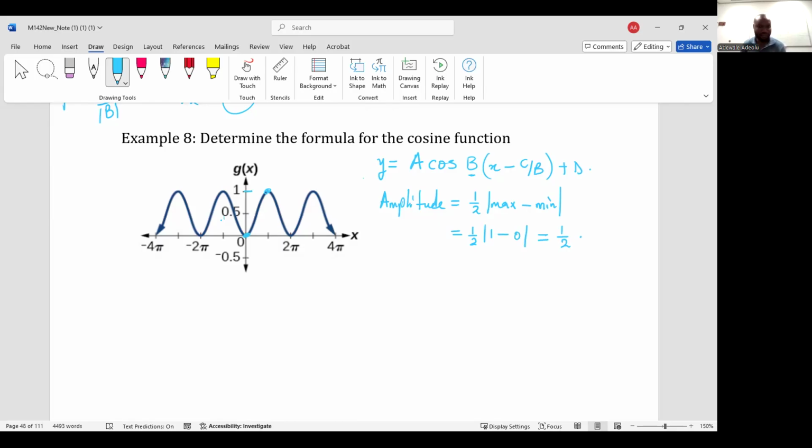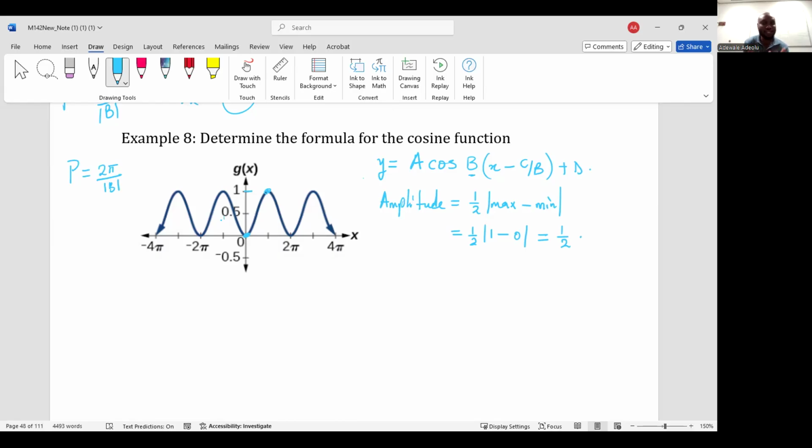Nope, we cannot. But remember that B is related to the period by this formula. So let us see what is the period of this function. Remember that the period is how long it takes for a sinusoidal function to complete one rotation.